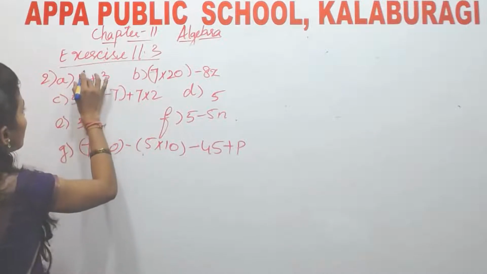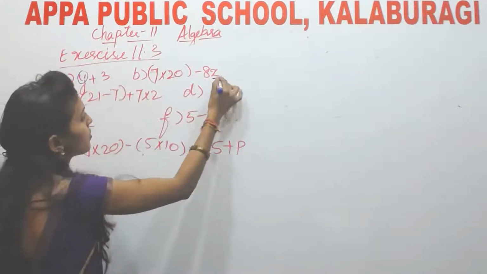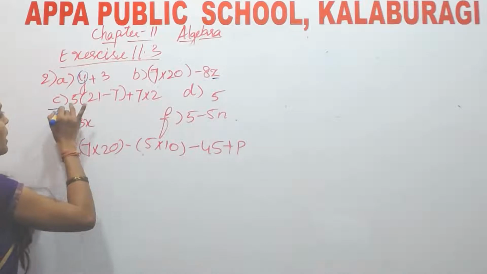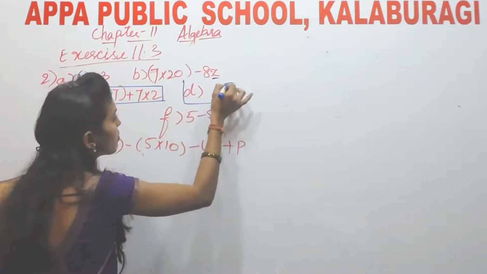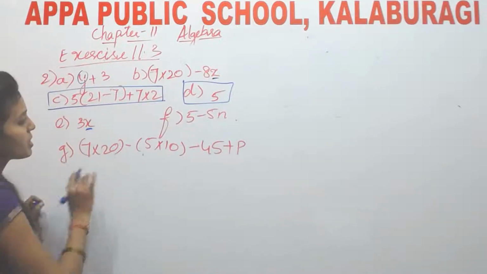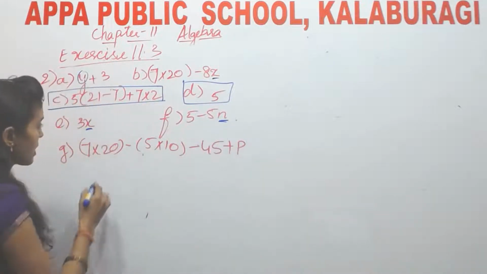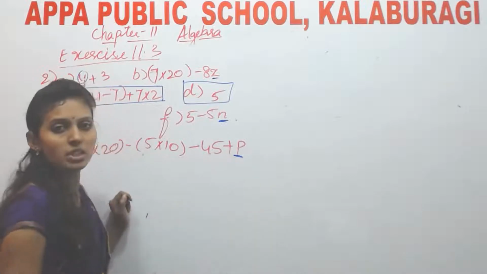A, variable is there. B, variable is there. C, no variable. D, no variable. E, variable is there. F, variable is there. G, variable is there.